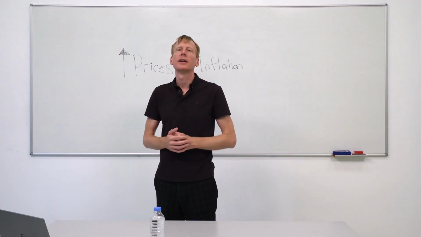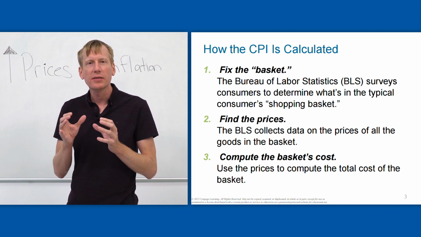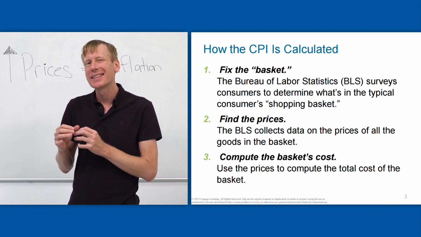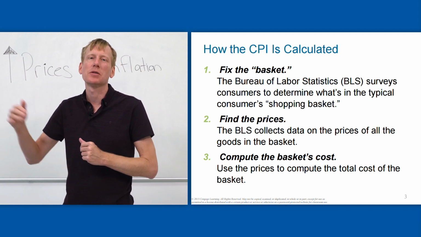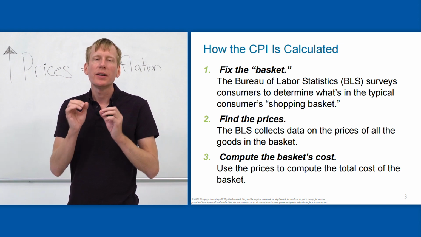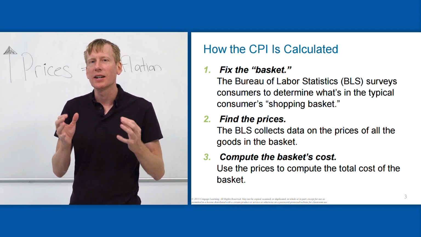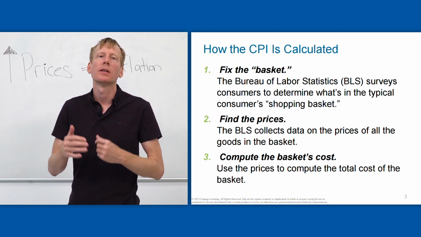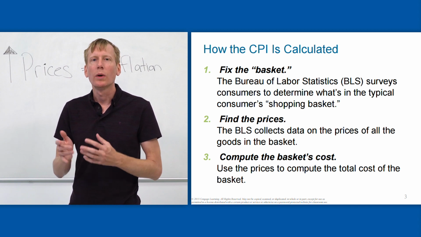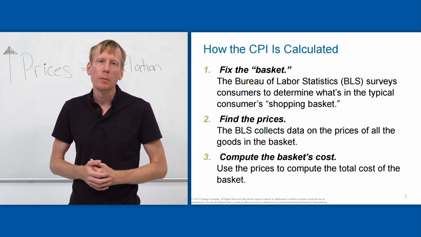So how do we calculate this CPI? It's intended to represent the cost of living for an individual or for a household, and then to index that such that we can adjust the index over time rather than a monetary value. So the first thing that we need to do is, for an average typical person, fix a basket of goods that we say represents the consumption basket for the typical individual. This might contain 3 shirts. It might contain 100 kilowatt hours of electricity. It might contain 1/4 of one automobile.